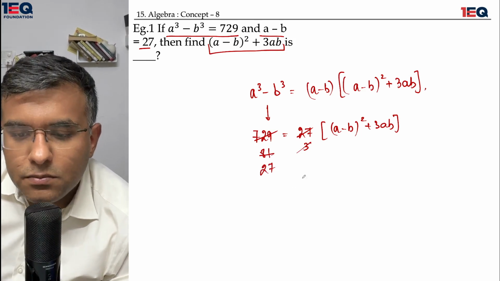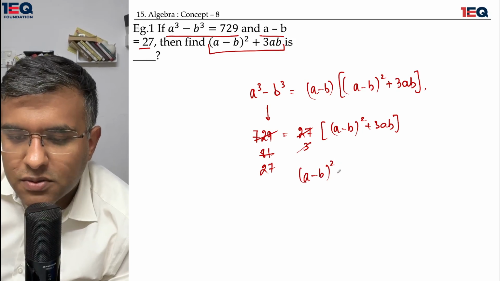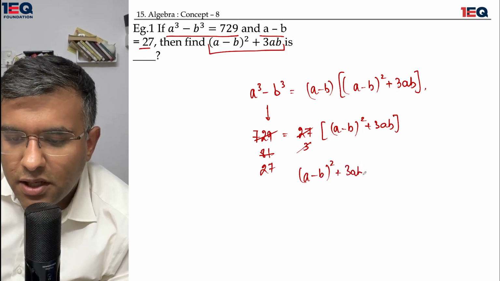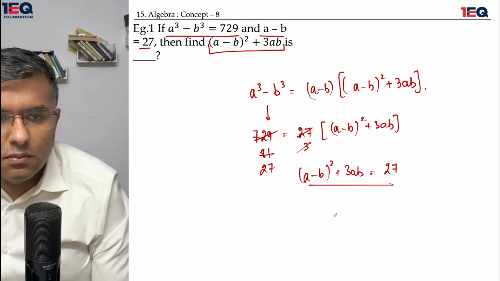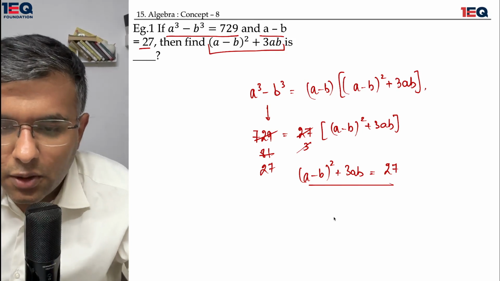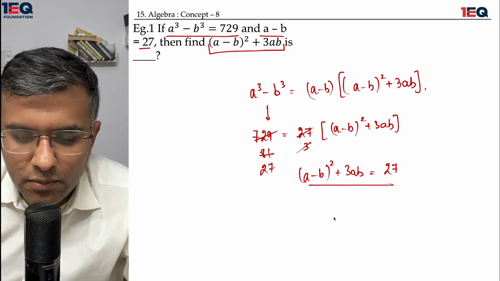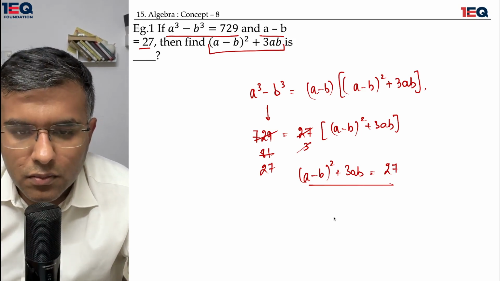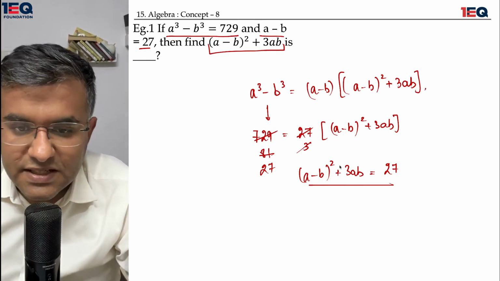So the value which I've been looking for, (a minus b) whole square plus 3ab, is nothing but 27. I hope you're able to identify with what I'm talking about. Okay, good enough. Let's move on.